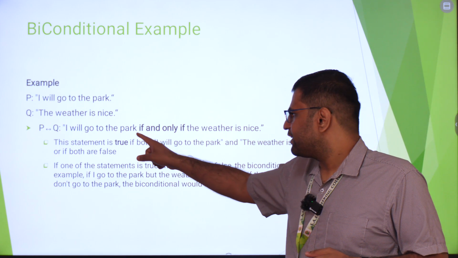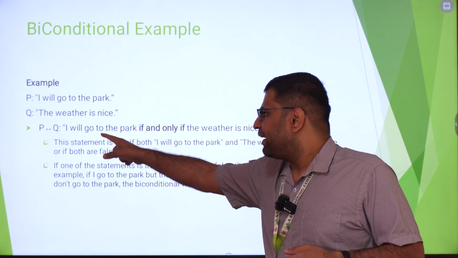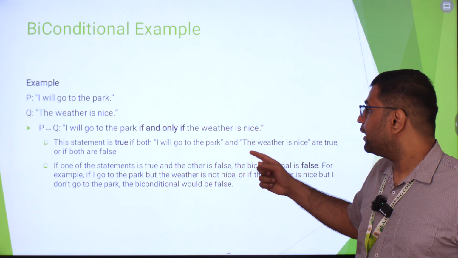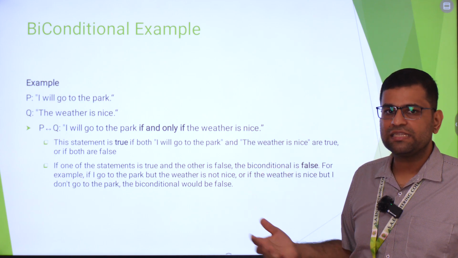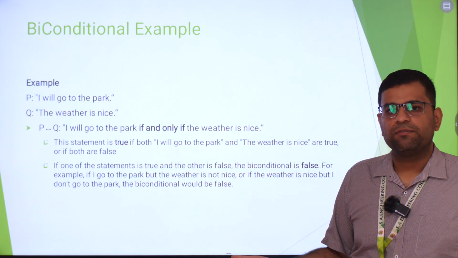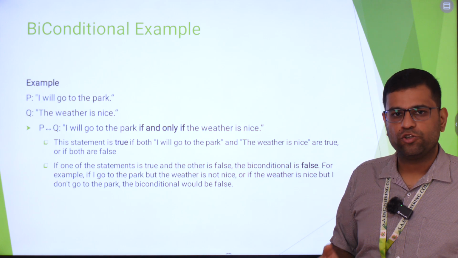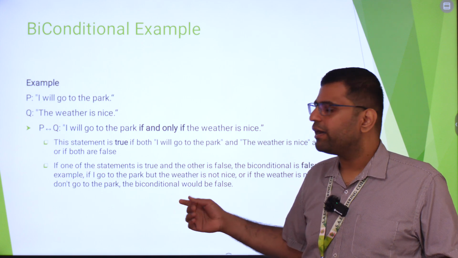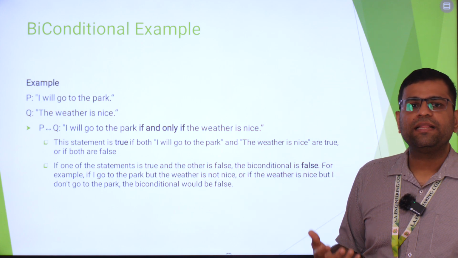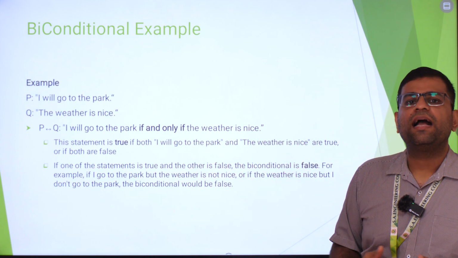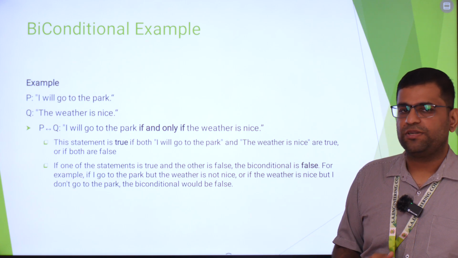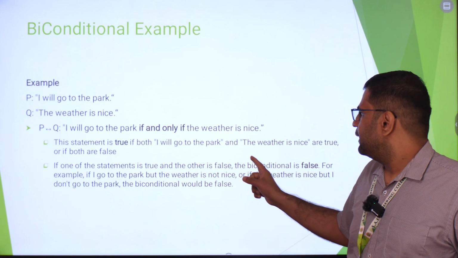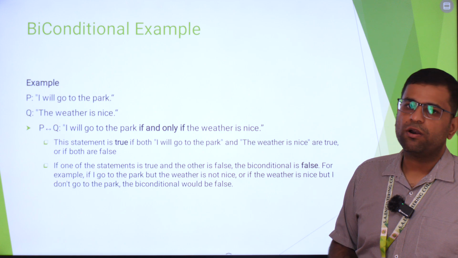If I will not go to a park and the weather is not nice, the expression also becomes true. So either both should be true or both should be false. If one of the statements is not true, for example I will not go to a park and the weather is nice, it makes the expression not valid and it results in a false expression.